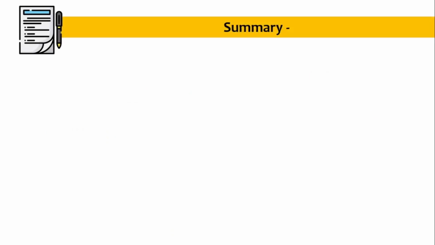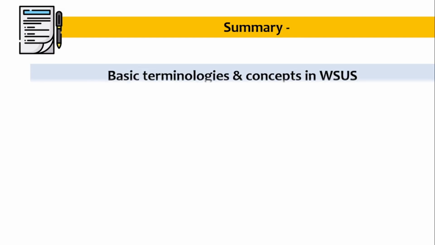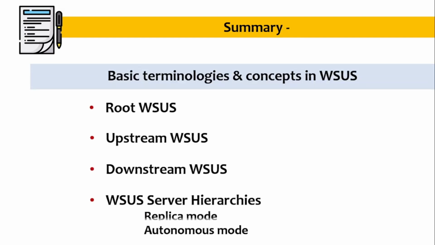So let us see today's summary. We started with the basic terminologies and concepts in WSUS. We understood what is root WSUS, upstream WSUS, downstream WSUS, and we also understood the WSUS hierarchies, that is replica mode and autonomous mode.